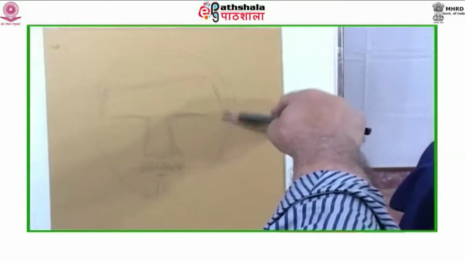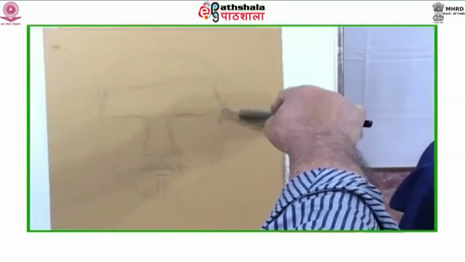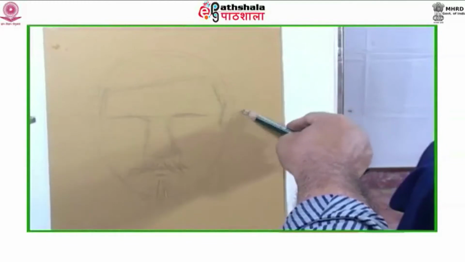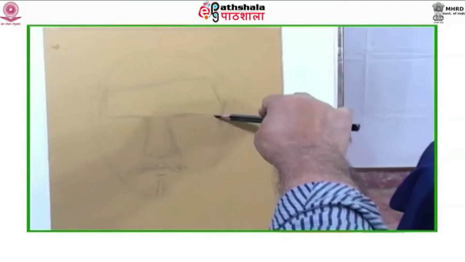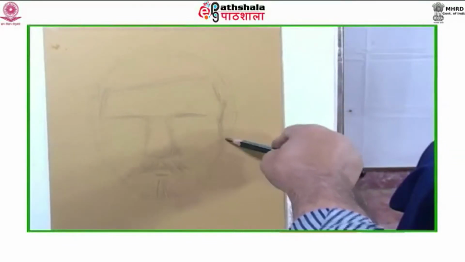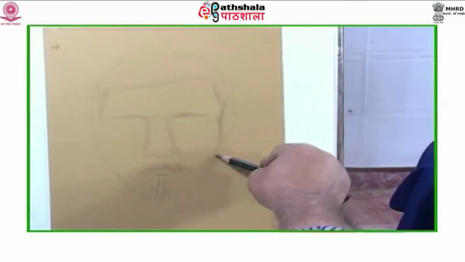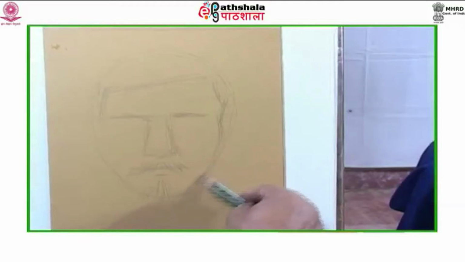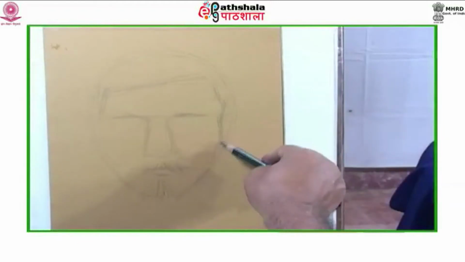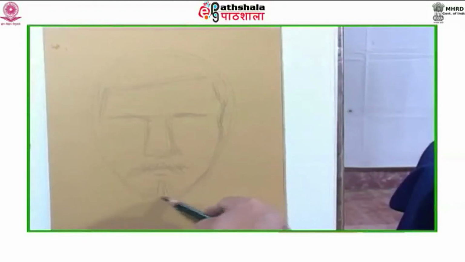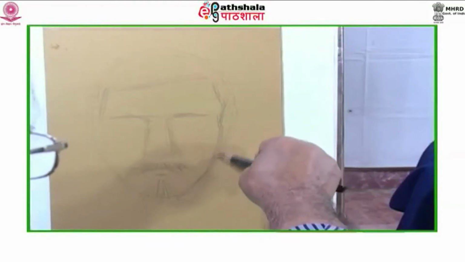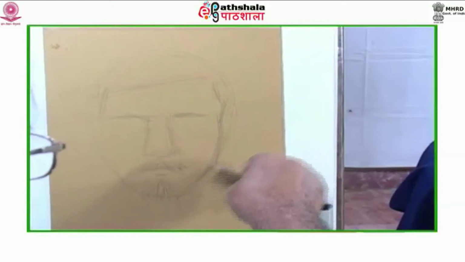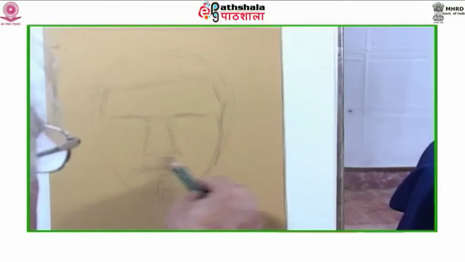It's very important to draw the hairline and sideburns before placing the ears. If drawn in correct form and proportion, your sketch will begin to resemble your model at this stage of the portrait itself.